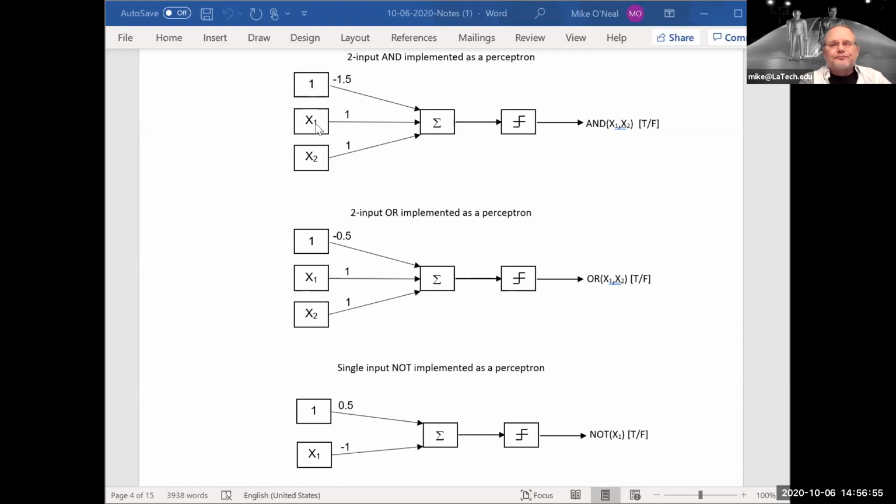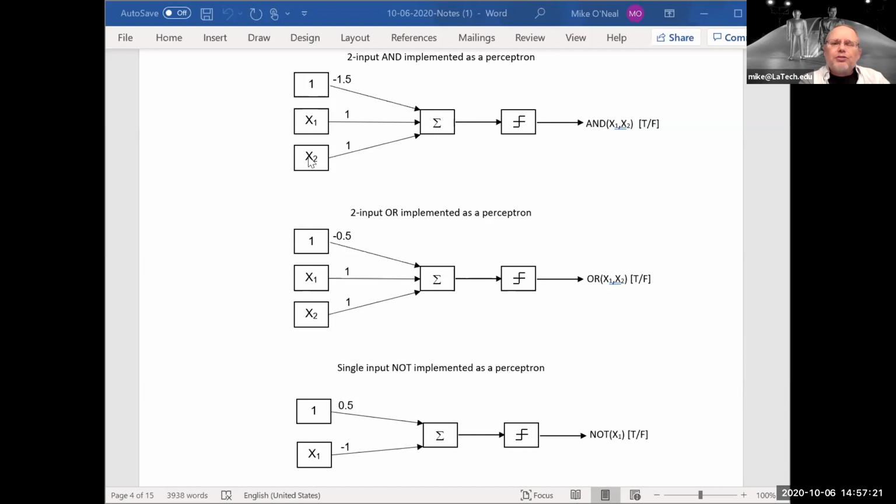So if x1 is a 1 and x2 is a 1, then this is 1 times 1 is 1 plus 1 times 1 is 1. So now you got 2, and then you add to that minus 1.5. That gives you a 0.5. That 0.5 is greater than 0, so you fire. So if this is a 1 and this is a 1, it fires.